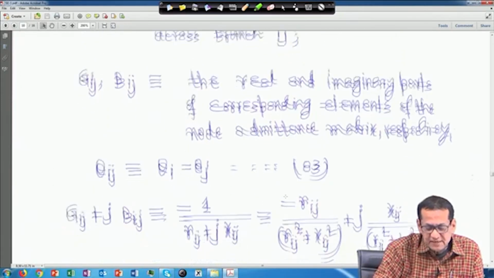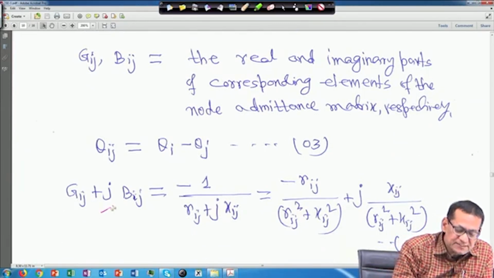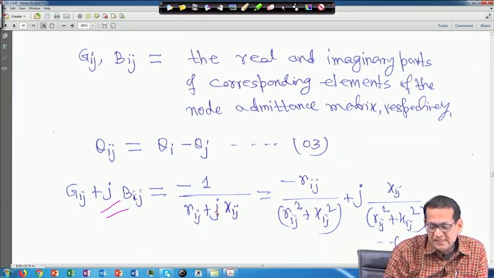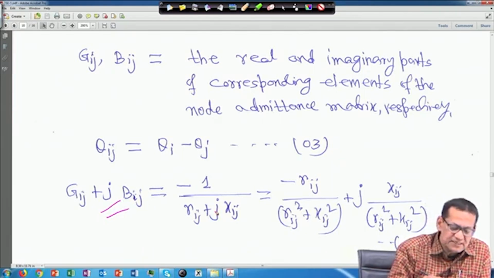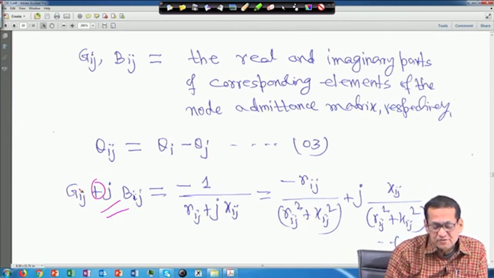Now we will define G_ij + jB_ij equal to minus 1 upon R_ij + jX_ij. I told you this sign depends on the way you take it.